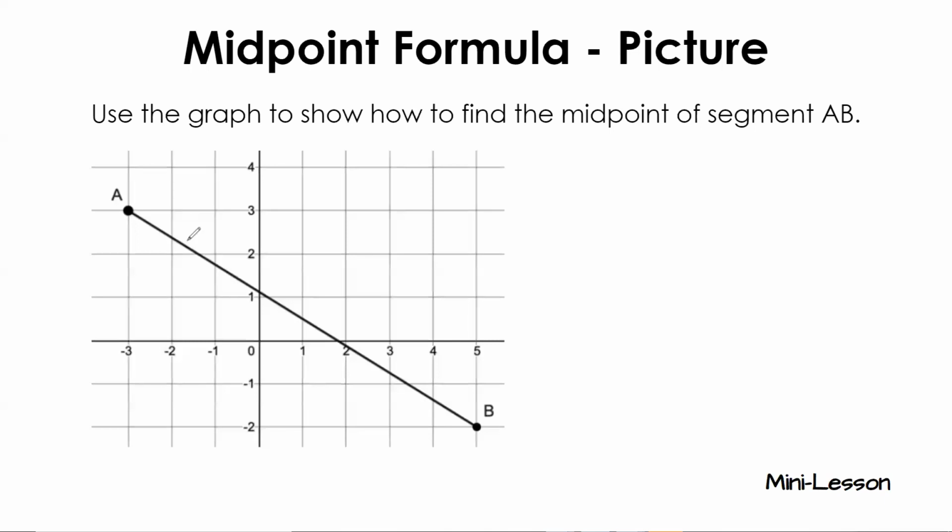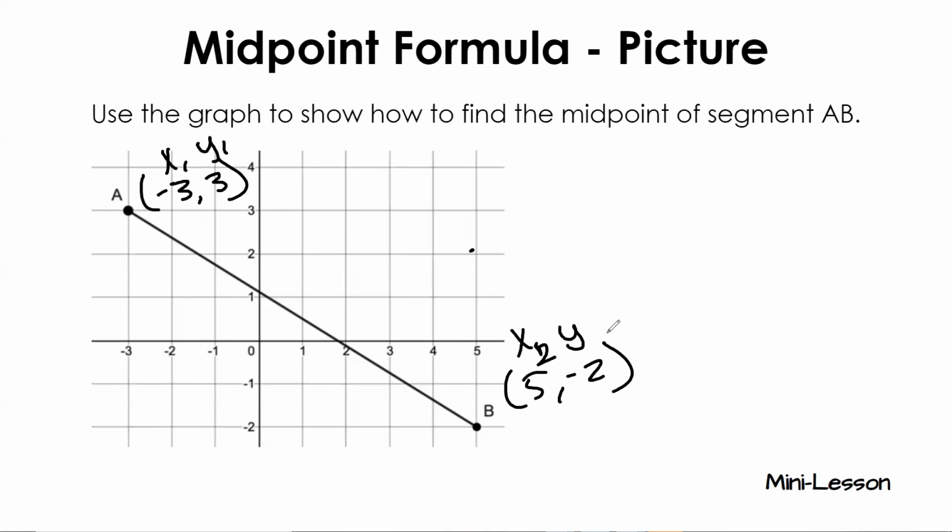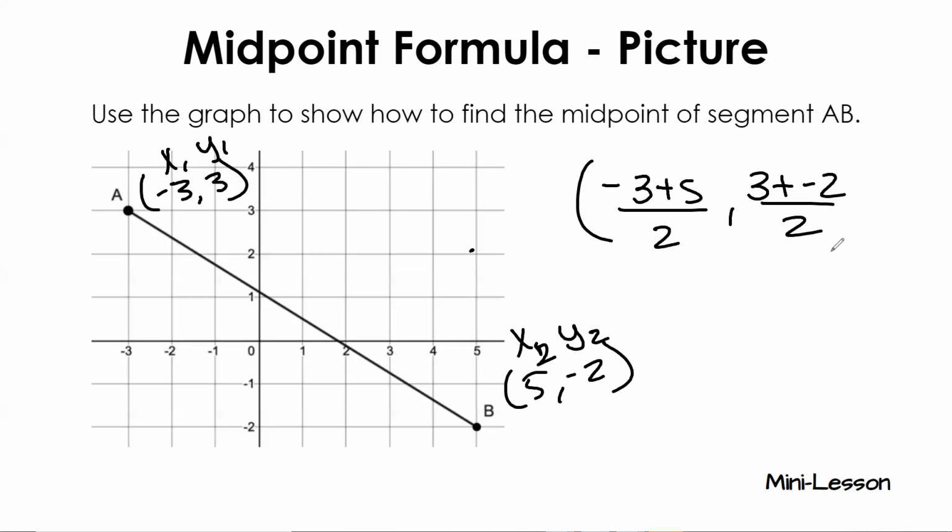So we've got our 2 points. We've got -3, 3, and then we have 5, -2. So we're going to label this one as x1, y1, and this one's going to be x2, y2. Okay, if you flip-flop those, that's okay. Now, we're going to add our x's together and divide by 2. So -3 plus 5 divided by 2. And then we're going to add 3 plus -2 and then divide by 2.